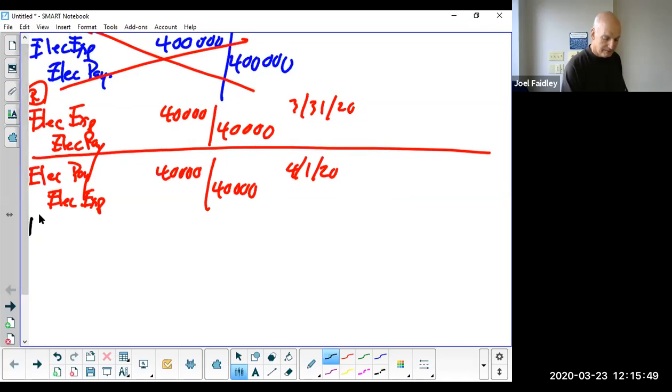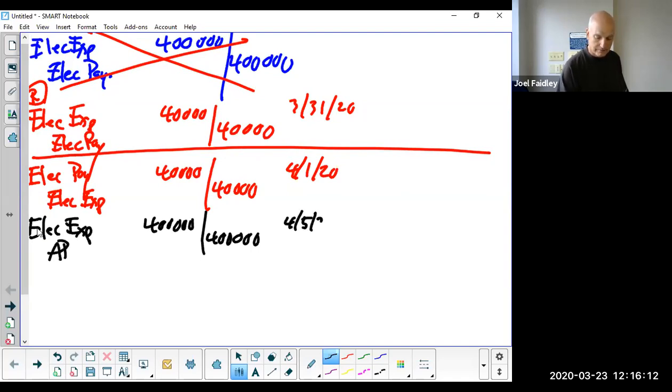Let's just say, to make it simple, that goes to accounts payable, and they're going to pay exactly 400,000. Now these change, and that's not a problem as long as it's not material, right? As long as it's within reason. And this is accounts payable, meaning we've got to pay that bill. This is on 4/5 of 20.